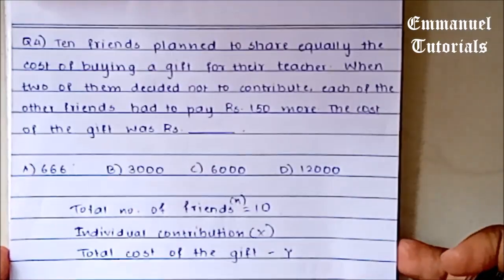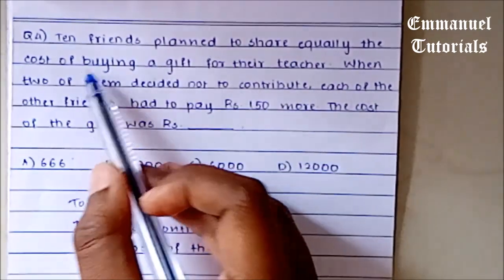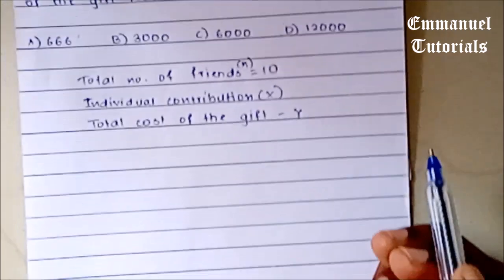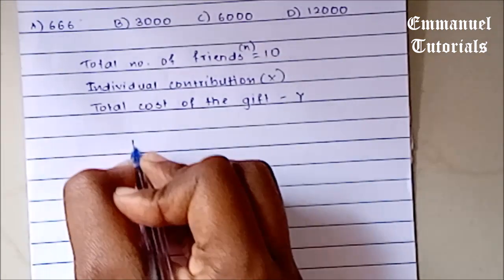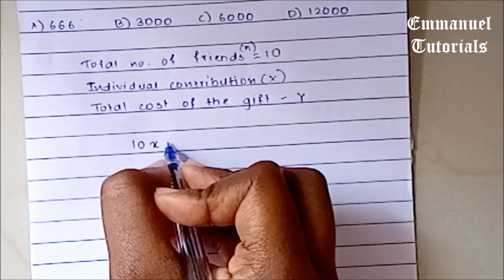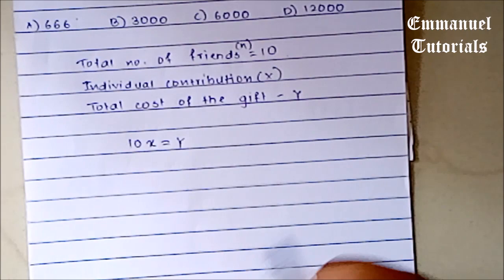So from the given data, from the initial part which says that they share equally for buying the gift, we can write an expression as 10 into each of their individual contribution will be equal to the total cost of the gift.